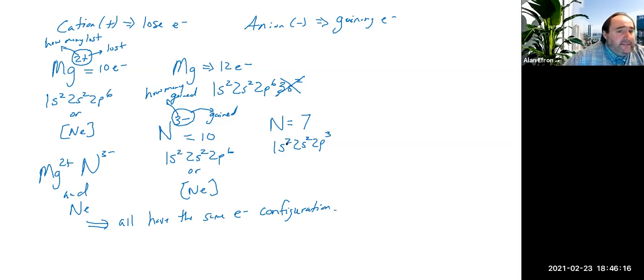Things that have the same electron configuration are sometimes referred to as being isoelectronic with each other. So if something has a charge, you need to adjust the overall count of electrons and adjust your electron configuration accordingly. Any questions on that?